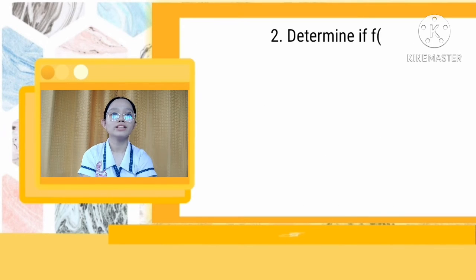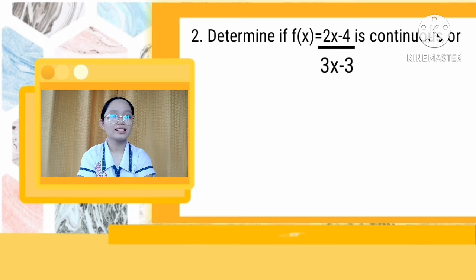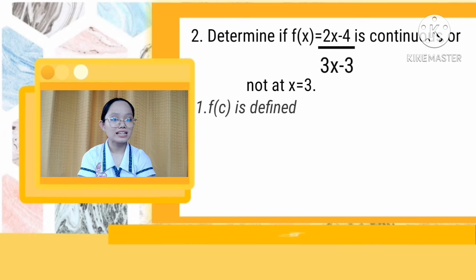Example number 2. Determine if f of x equal to 2x minus 4 over 3x minus 3 is continuous or not at x equal to 3. First condition, f of c is defined. F of c is equal to 2x minus 4 over 3x minus 3.